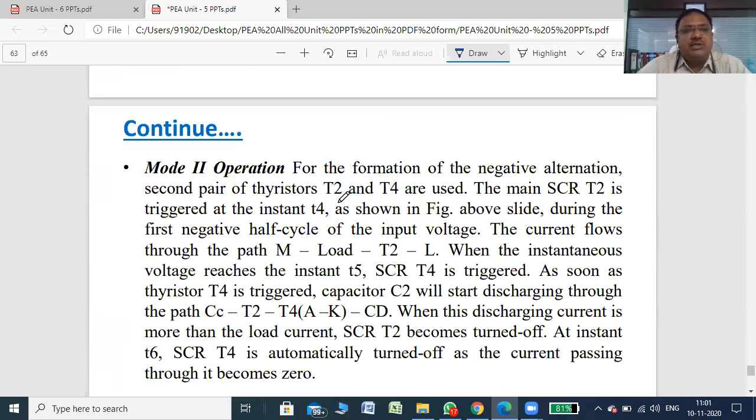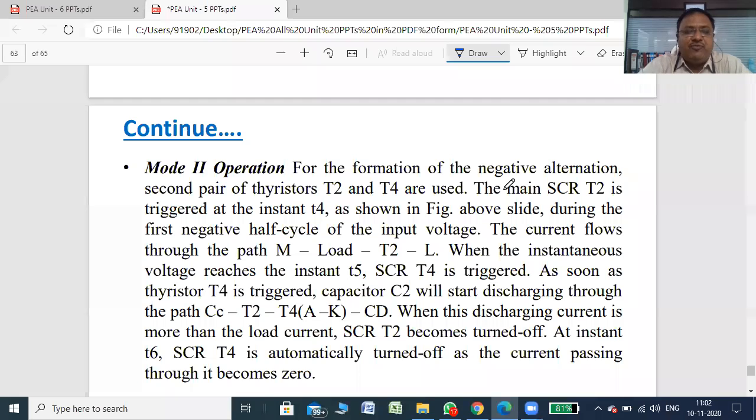So I'll just read it. For the formation of the negative alternation, the second pair of thyristors T2 and T4 are used. The main SCR T2 is triggered at the instant T4 as shown in the figure above. During the first negative half cycle of the input voltage, the current flows through the path M, load, T2 and N. When the instantaneous voltage reaches the instant T5, SCR T4 is triggered.